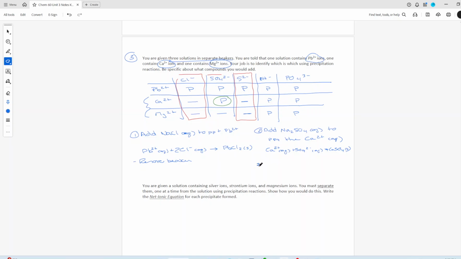And then number 3, the last beaker with no precipitate contains my magnesium.